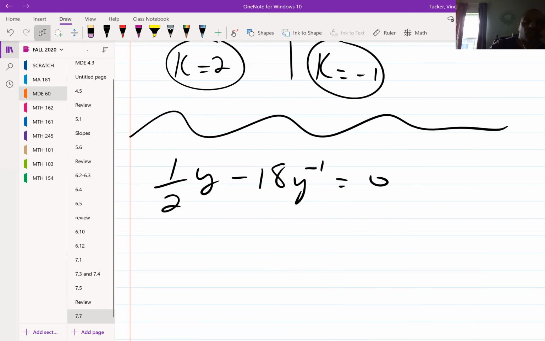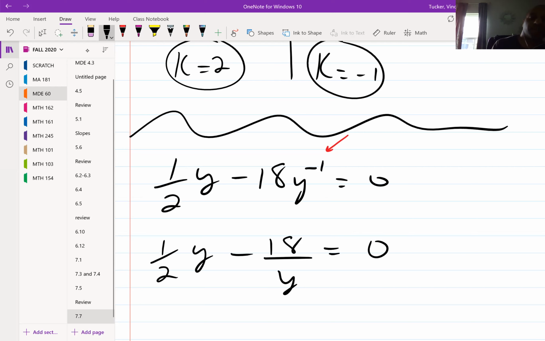Here we have 1/2 y minus 18 y to the negative first power equal to 0. So first thing we recognize is that we have this negative exponent, so make it positive by dropping it down to your denominator.